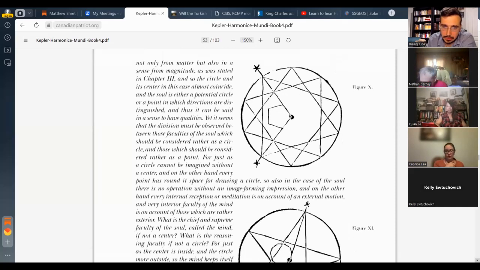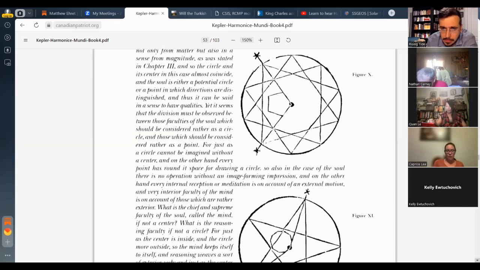For just as a circle cannot be imagined without a center, and on the other hand, every point has around it space for drawing a circle, so also in the case of the soul, there is no operation without an image forming impression. And on the other hand, every internal reception or meditation is on account of an external motion, and every interior faculty of the mind is on account of those which are rather exterior.